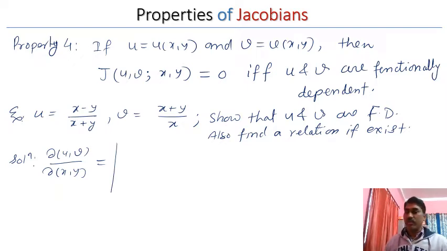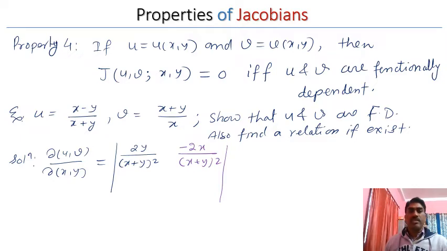I have already shown this question in some video, otherwise you can differentiate: del u by del x is 2y by (x plus y) whole square and del u by del y is 2x by (x plus y) whole square, then vx and vy.